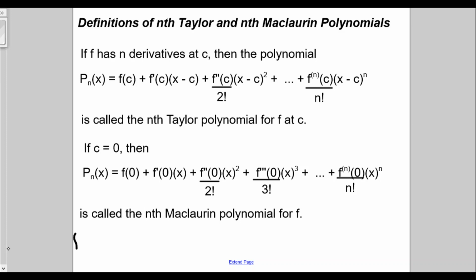And why do we do this again? We're approximating functions that are not polynomial functions in a polynomial form. We have a special one that only works at c equals 0, that's our Maclaurin polynomial. For everything else, when x equals c, we have a Taylor polynomial. This nth Taylor polynomial has this form here.